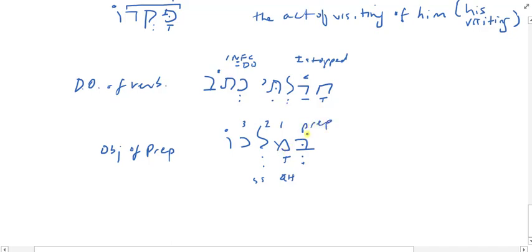So the preposition bet has mol'ko as the object of the preposition. And what we're going to see is that when you add the preposition bet to an infinitive construct, it has the sense of when. It's temporal. When he reigns, literally in his act of reigning. In the middle of his act of reigning means when he reigns. All right, so again, we're just pointing out that grammatically, infinitive construct forms can take the place that nouns take in their own structures.